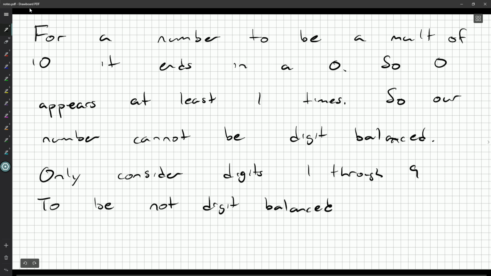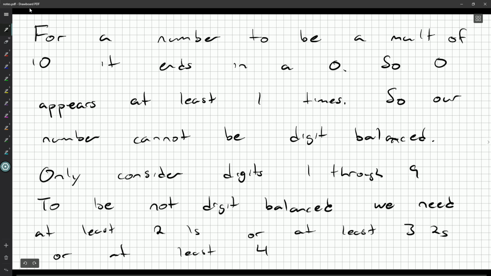But let's see. To be not digit balanced, we need at least 2 1s, or at least 3 2s, or at least 4 3s, and so on, all the way up to at least 10 9s.